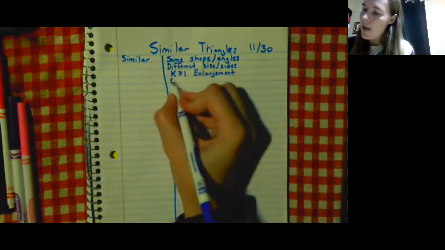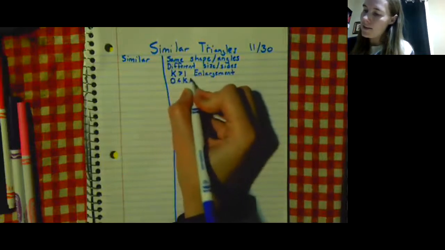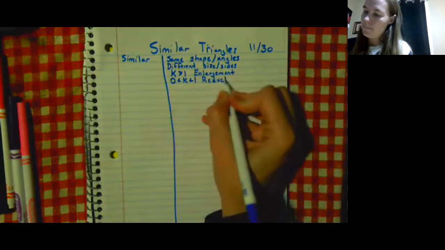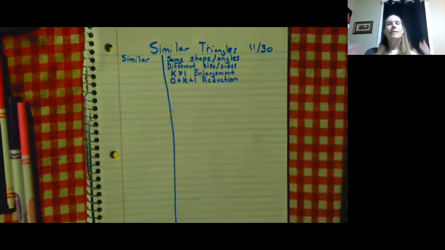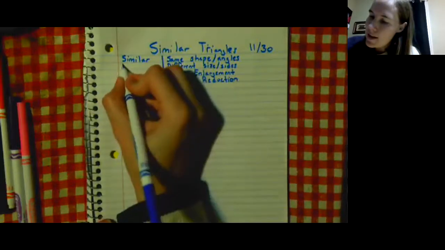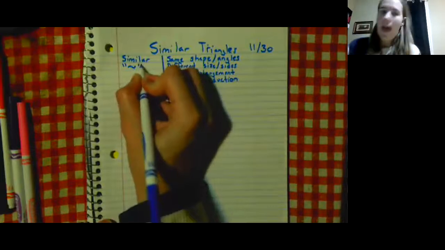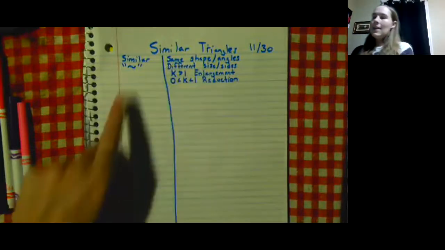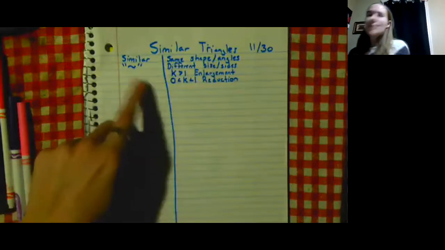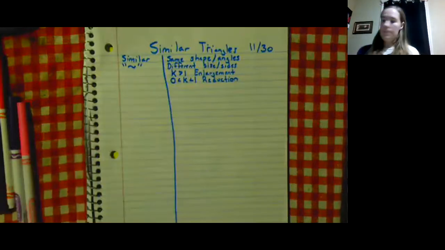If K was between 0 and 1, it was a reduction, so our shape got smaller. With similar, you might see this little squiggly line used in the equation. This means similar, just like the equal sign with the squiggly line meant congruent.